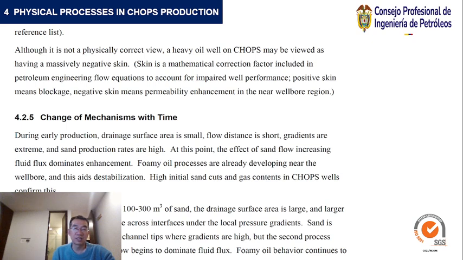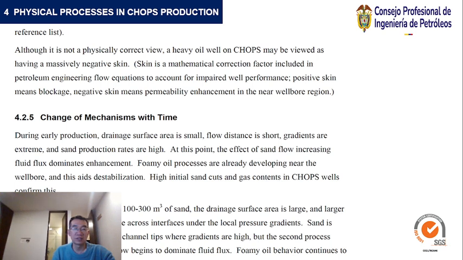After the process has produced 100 to 300 of sand, the drainage surface area is large, and larger quantities of oil can slowly ooze across the interface under the local pressure gradients.